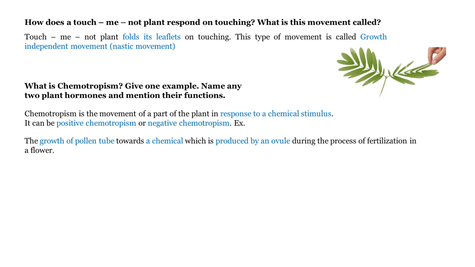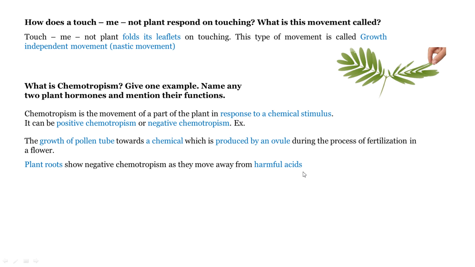The example of positive chemotropism is the growth of pollen tube towards a chemical which is produced by an ovule during the process of fertilization in a flower, as it is very much clear that pollen tube moves towards the direction of the ovule, and it is because of the chemical. Now the example of negative chemotropism is plant roots, which show negative chemotropism as they move away from some harmful acids.